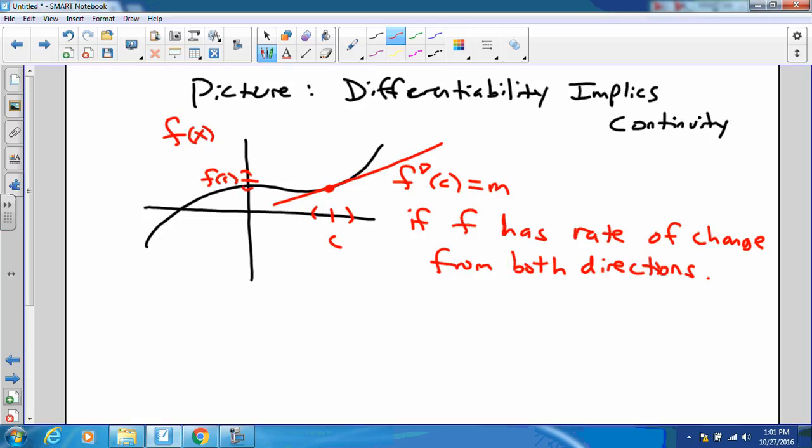In other words, x's close to c produce y values that are close to f of c. And I know this because f has a well-defined rate of change from both directions. That's the picture here. And we would say that f is smooth at c.